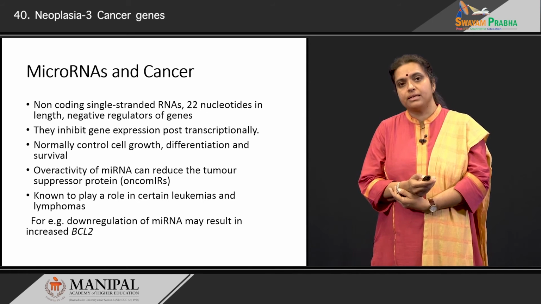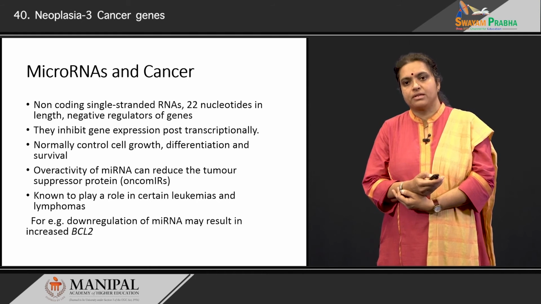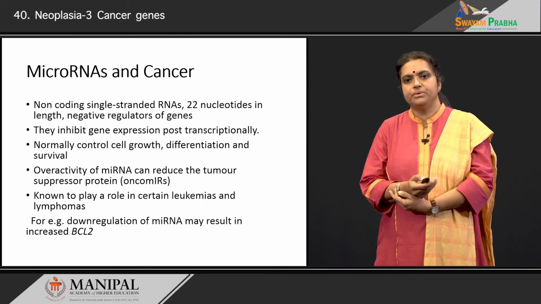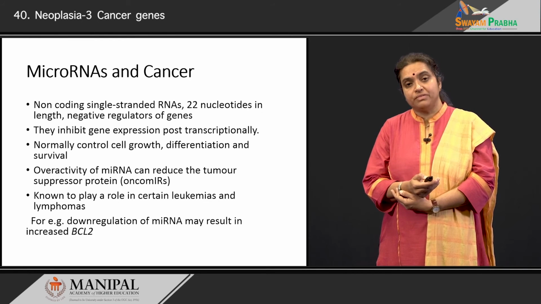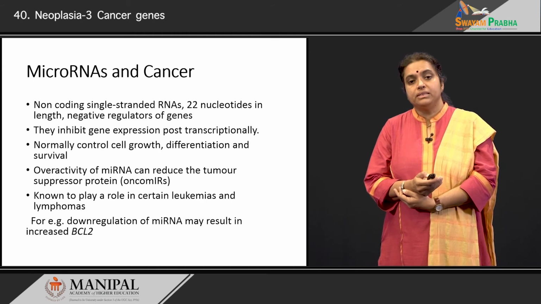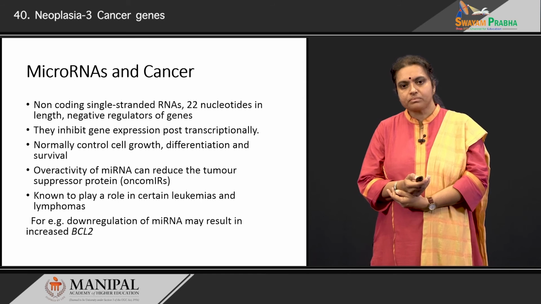You know that the genes are first transcribed into mRNA and then translated into protein. Gene expression is inhibited after transcription by microRNAs. So, these normally control cell growth, differentiation and survival.